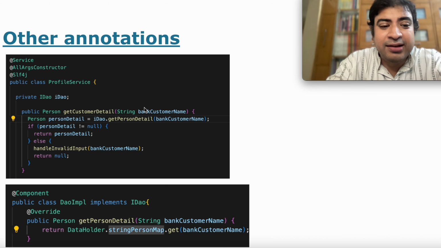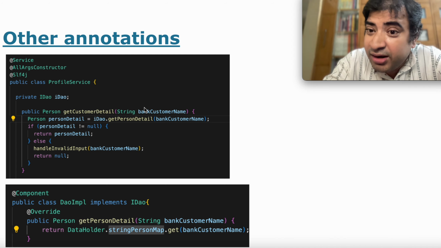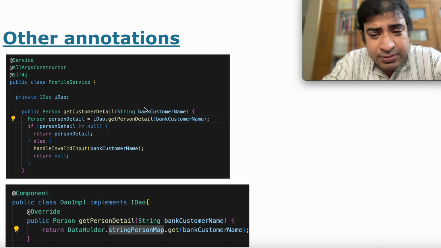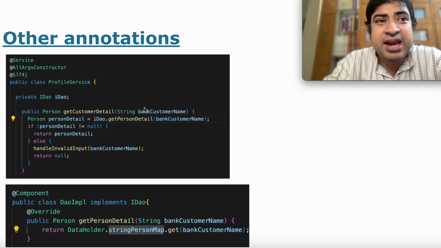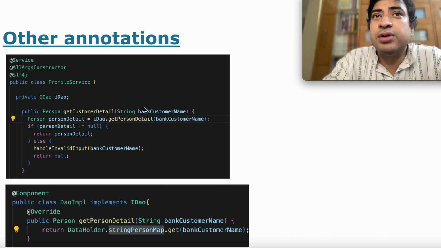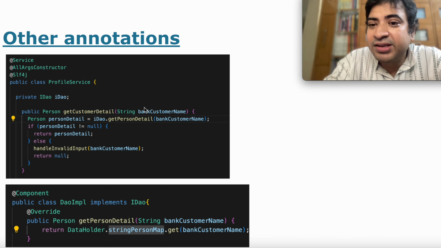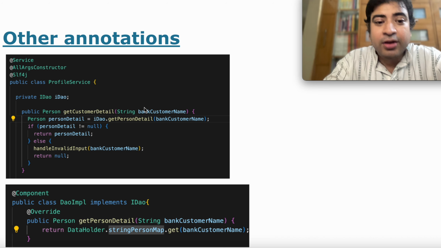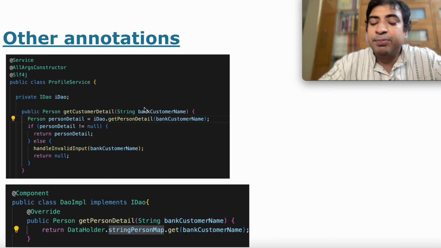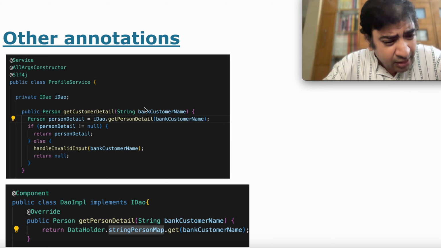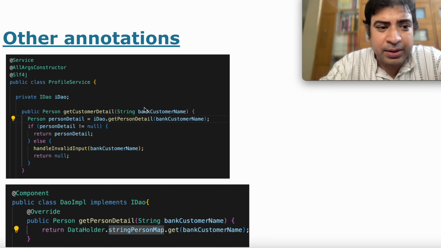We do it with @Service or @Component or with @RestController annotations. So in a Spring Boot project, we will almost never do a new instantiation. We will never use the new operator as such. That will be used internally by the Spring container, by Spring Boot, to instantiate the object on our behalf.